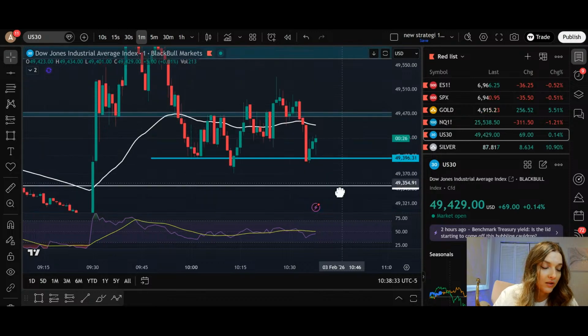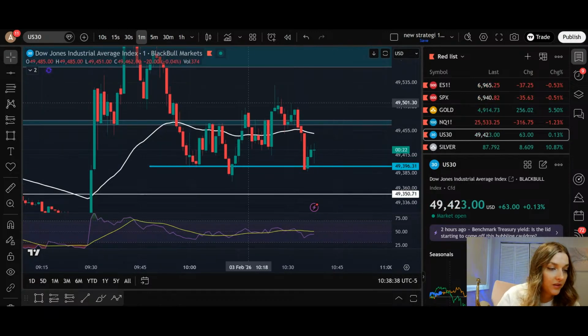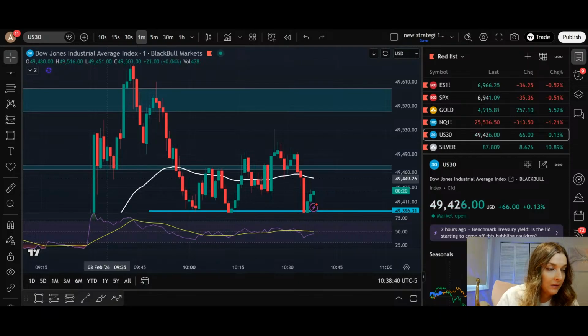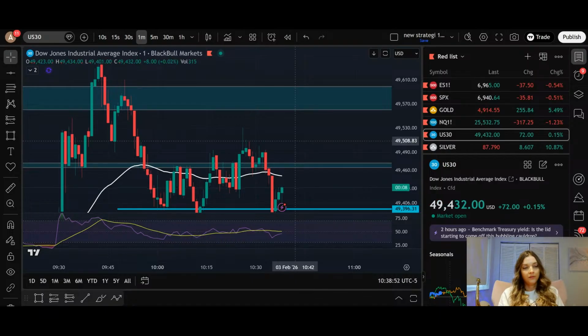I just don't know exactly how I can explain it. Let me see here, for example. This is a downtrend, right? So we're looking at the highs. This is lower.